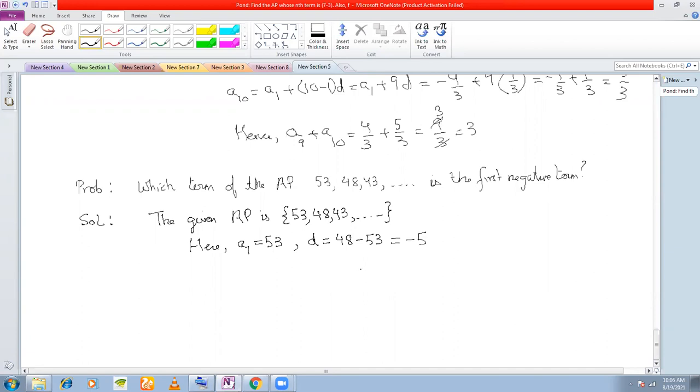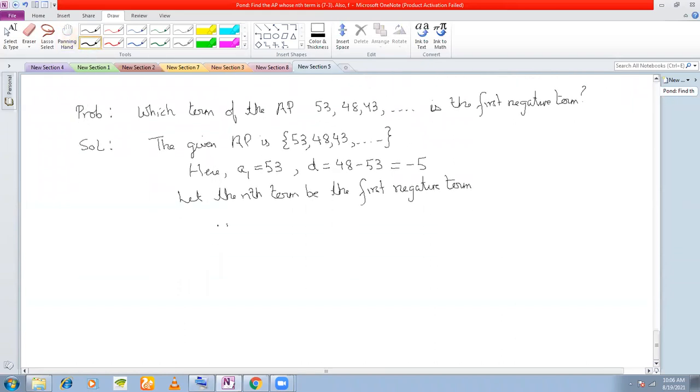So which one will it be? So I say let the nth term be the first negative term. Okay. So that means an must be less than 0. And what is the formula for an?